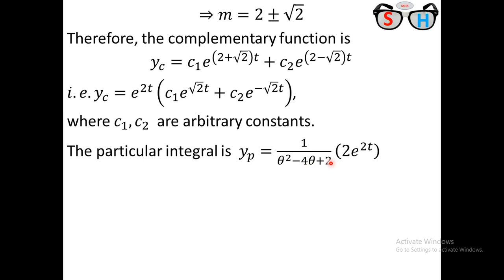So you can use rule 1. This 2 is a constant, I take it in front, and the denominator result is −2. After simplification, 2 divided by −2 will be −1, therefore −e^(2t). Therefore this is the particular integral.